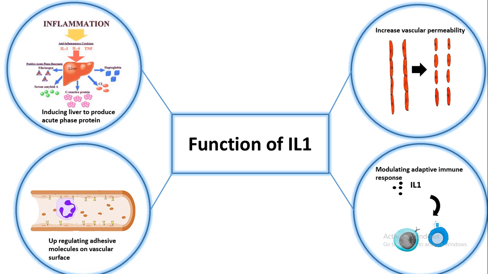That helps in neutrophil extravasation at the injury site. Also, IL-1 forces the liver to form specific acute phase proteins, which are in turn important for inflammation.